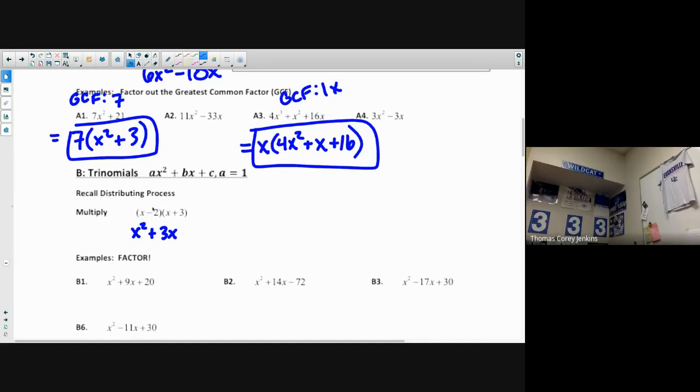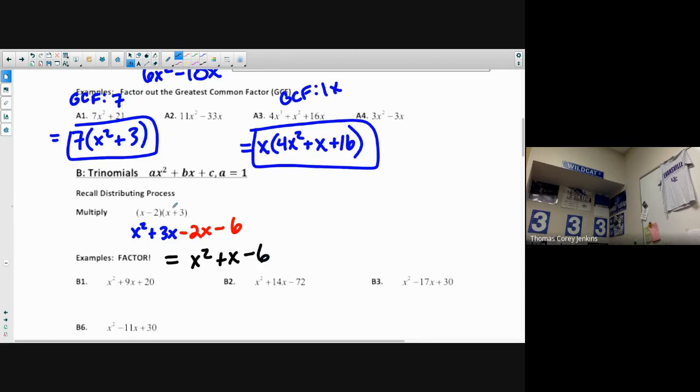And then I distribute the minus 2. So minus 2 times x is minus 2x. Minus 2 times 3 is minus 6. And then we combine like terms to get x squared plus 1x or plus x minus 6.